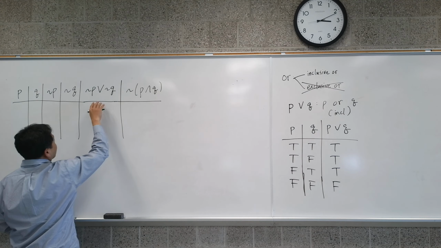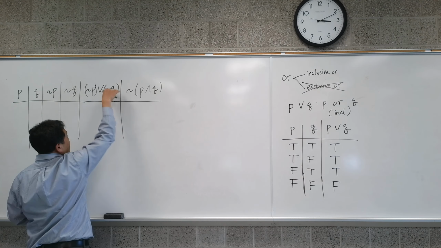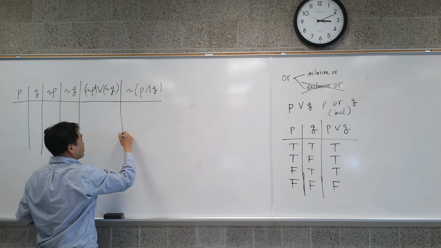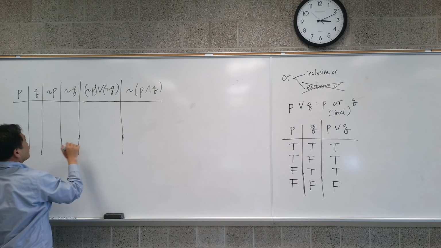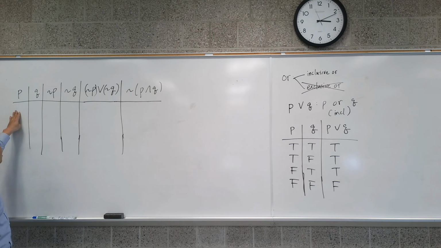I want to show that this statement is the same thing as this statement by showing that they evaluate to the same truth value for every possible combination of P and Q.